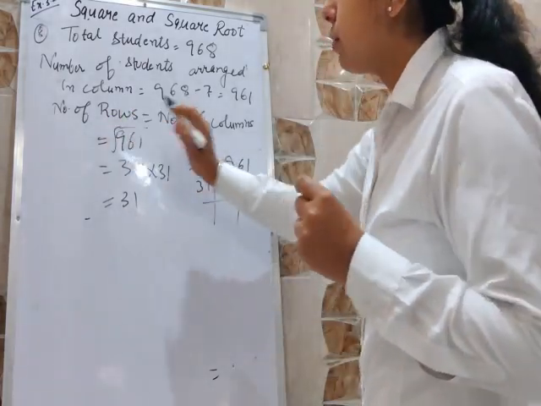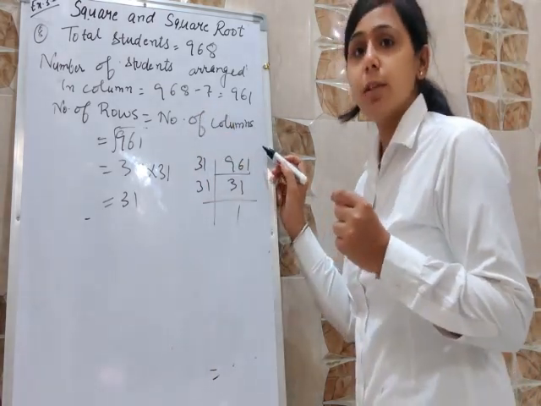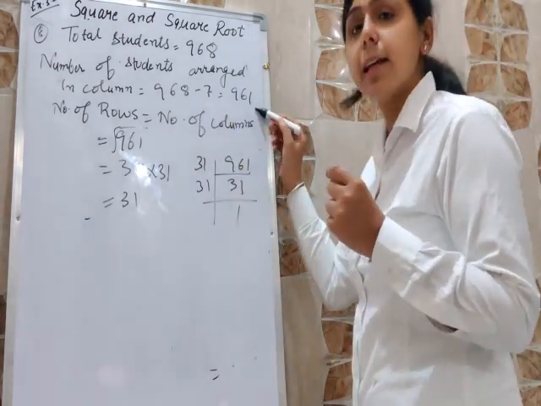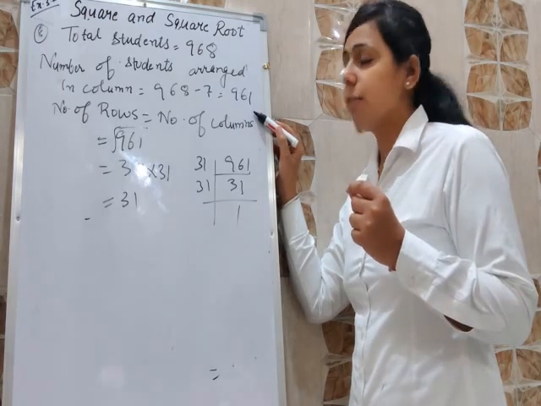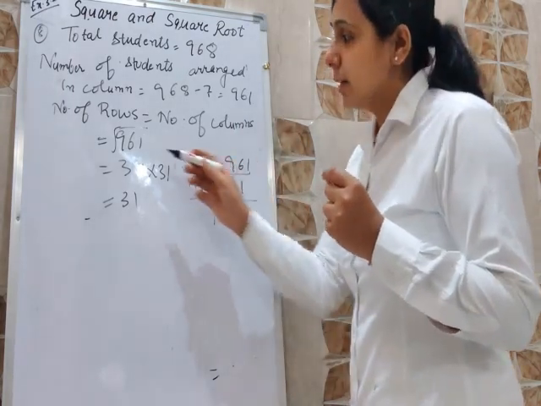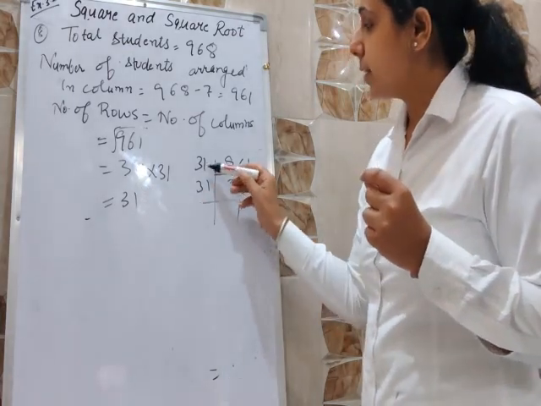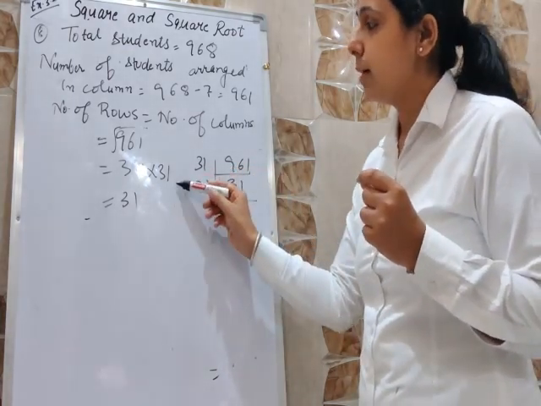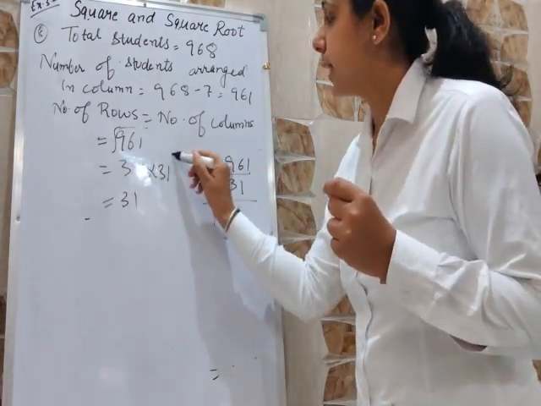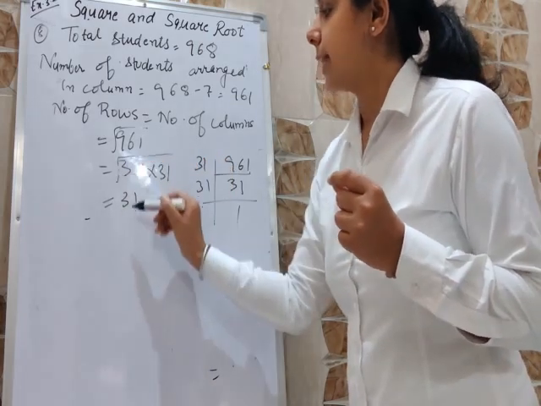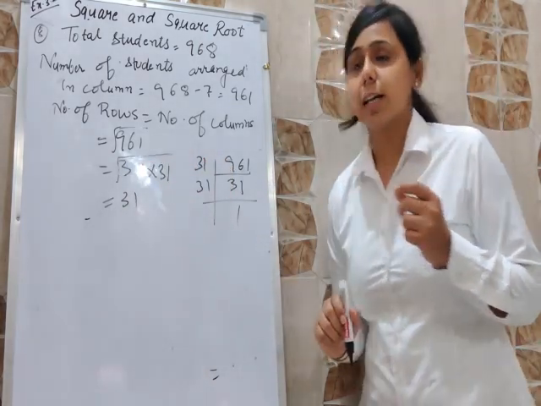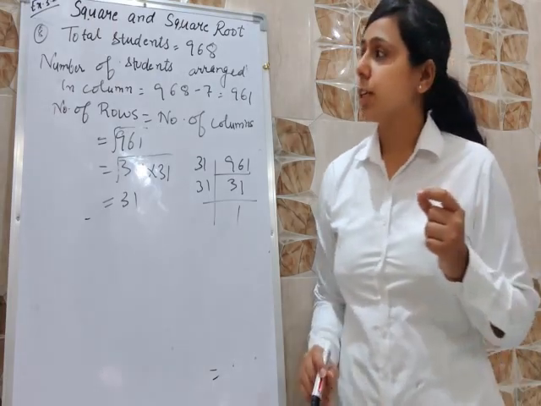So that means number of rows is equal to number of columns. So you have to take the square root of 961. You will get here 31 multiply 31 in the form of square root, and that means 31 rows are there. So this is question number 8.